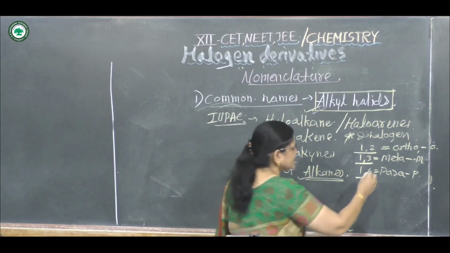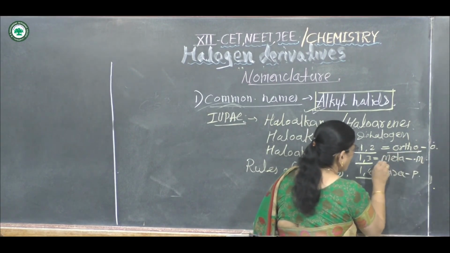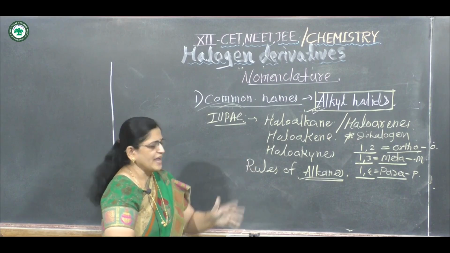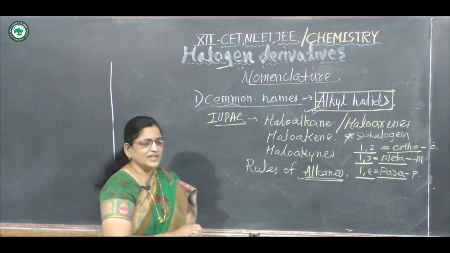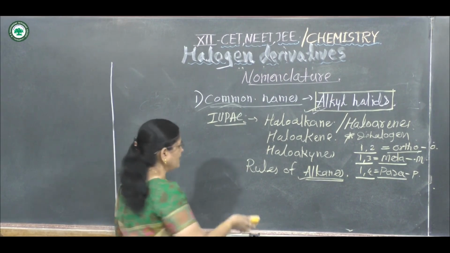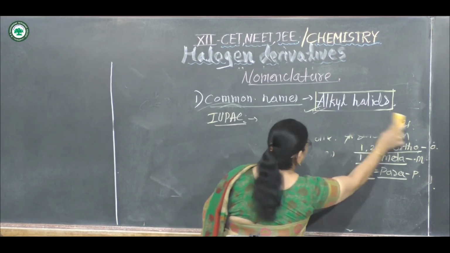And in the common name system, write the prefixes ortho, meta and para or simply O, M and P. In this way, there is the IUPAC nomenclature. Then some examples of this IUPAC nomenclature.